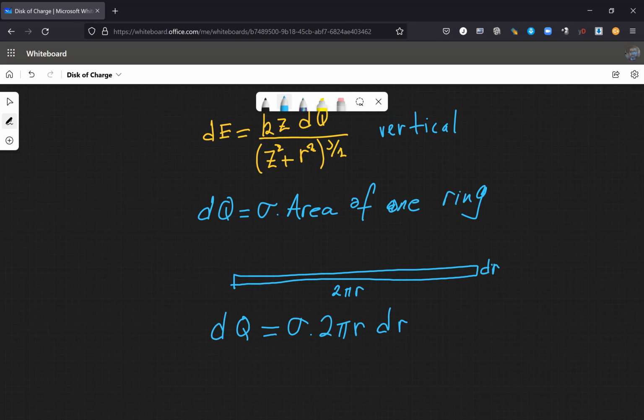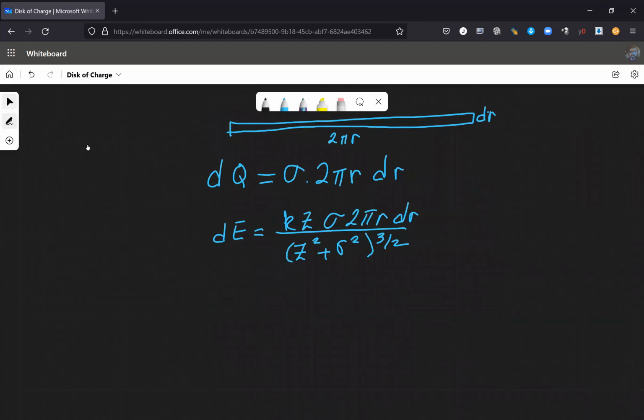So I plug it into the electric field. dE equals, on the bottom, z squared plus r squared to the 3/2 power, and on top, k, z, which is constant, and dq, which is sigma, also constant, times 2 pi r dr. It looks like this is the extent of my integral, because at this point, all I want to do is start increasing the radius of the ring and adding these contributions.